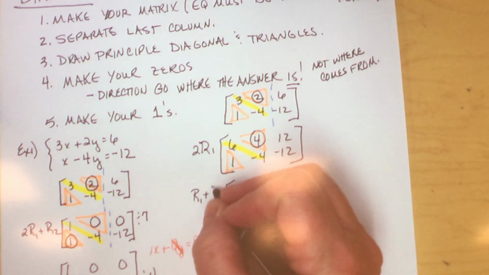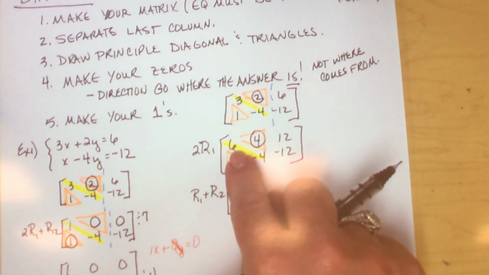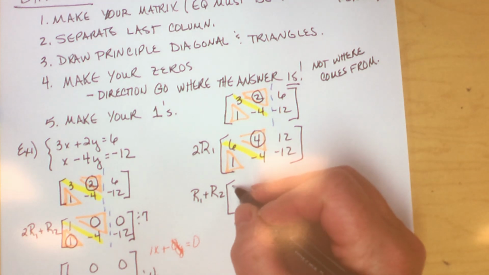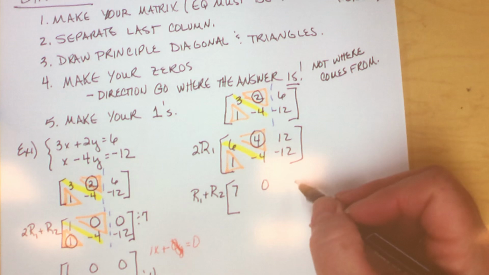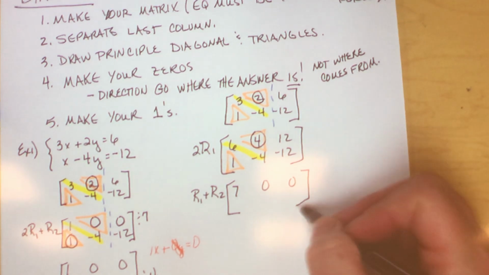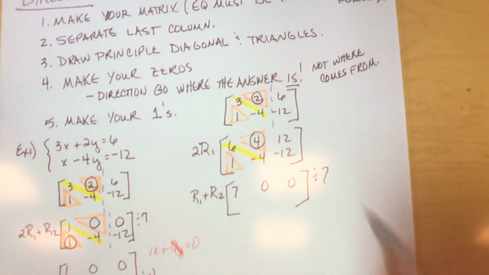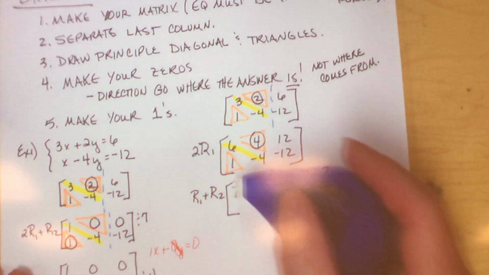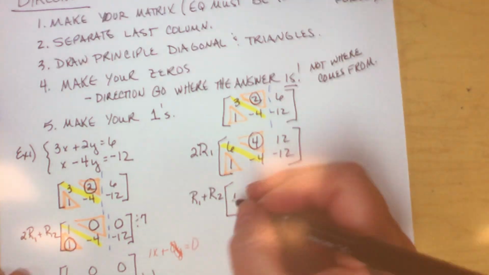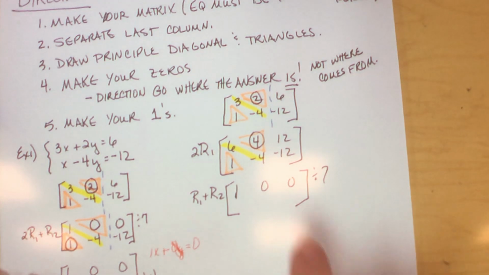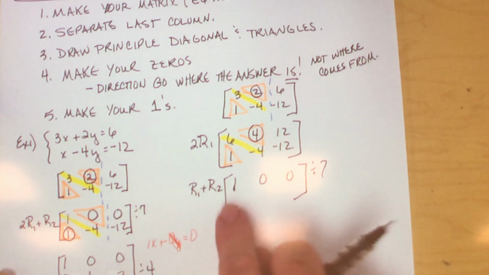Row 1 plus row 2. What's 1 plus 6? What's negative 4 and 4? What's negative 12 and 12? And now what am I gonna do? So, this becomes a 1. And this stays a 0 and a 0. I'm gonna write that next row down.